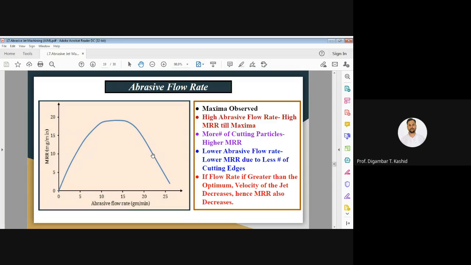So this is important. The material removal rate increases, but only up to a certain limit; after that maxima, it is going to decrease.